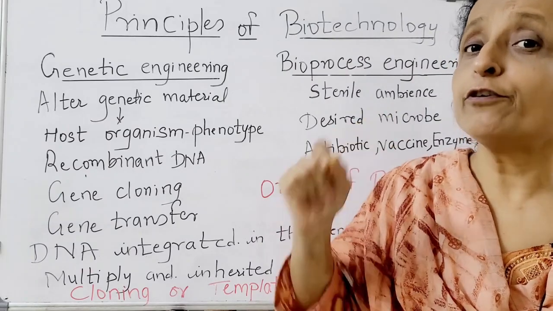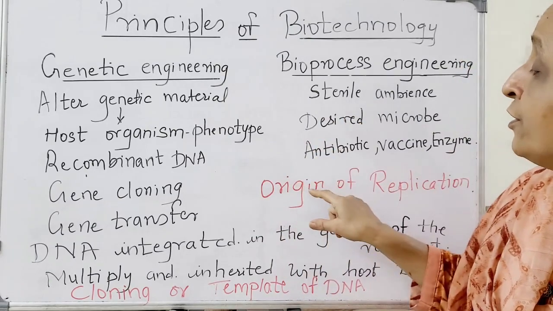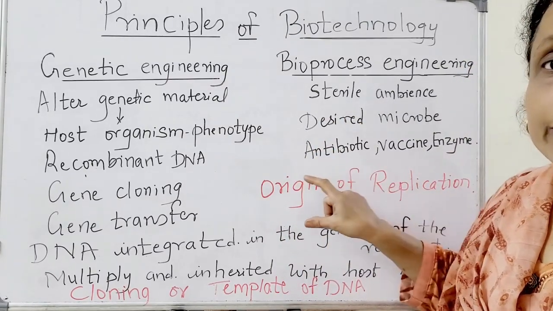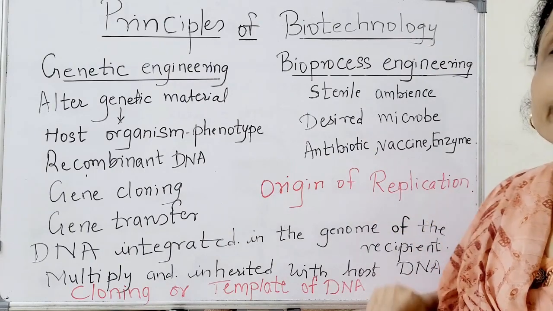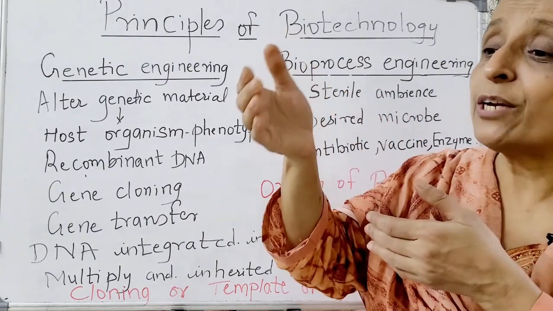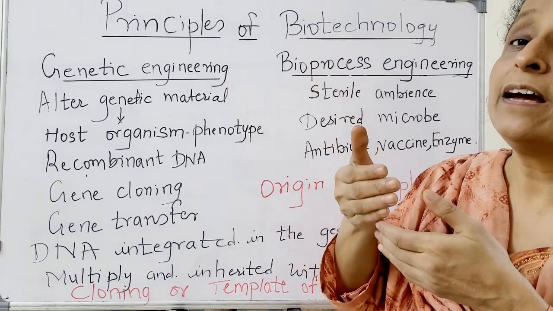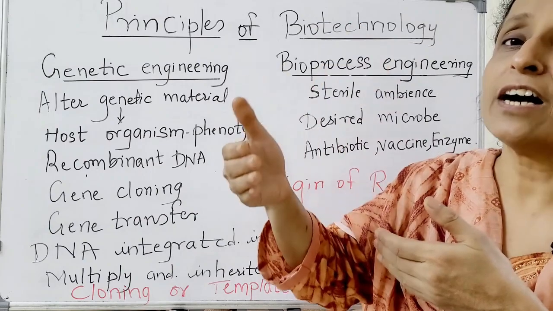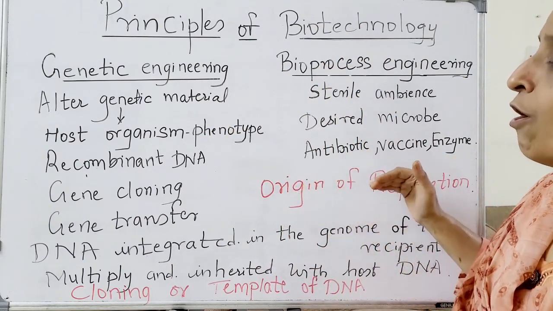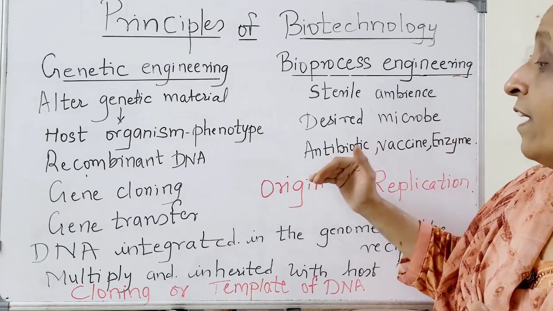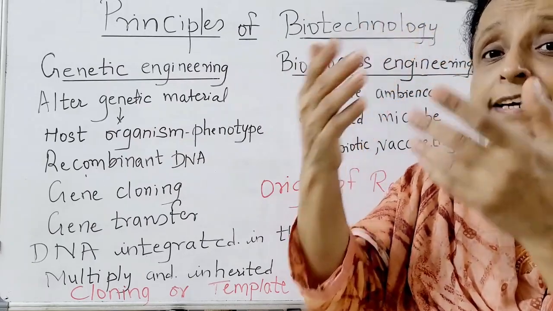But if you introduce that DNA at the origin of replication, which is the sequence of the DNA in the chromosome where replication starts, then the multiplication of that recombinant DNA takes place.